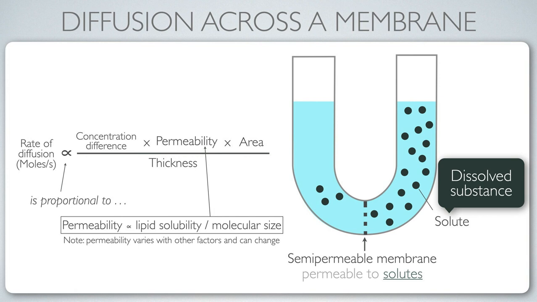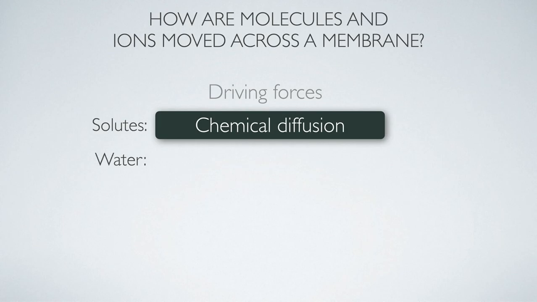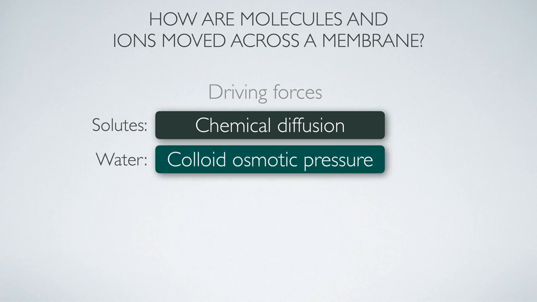All right, all of these factors together are known as Fick's law. Okay, so Fick's law of chemical diffusion is what we want to use if we're interested in how quickly molecules move across a membrane. All right, so that's the first driving force, chemical diffusion. Fick's law tells us how chemical diffusion works across membranes.